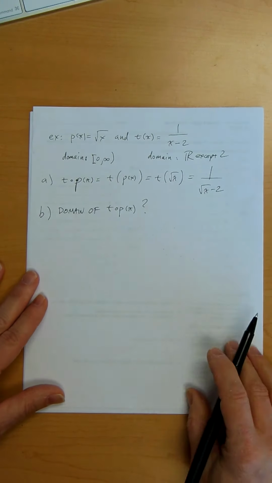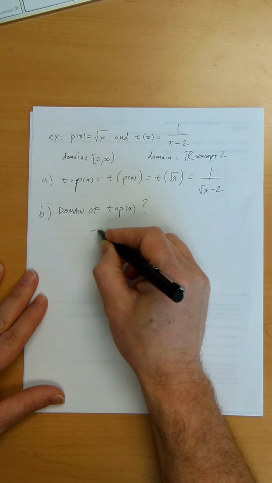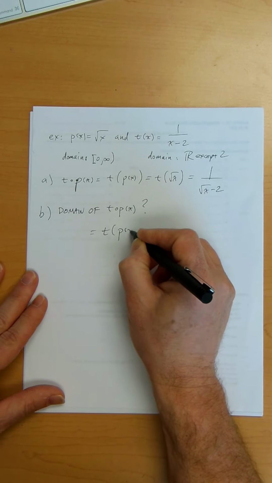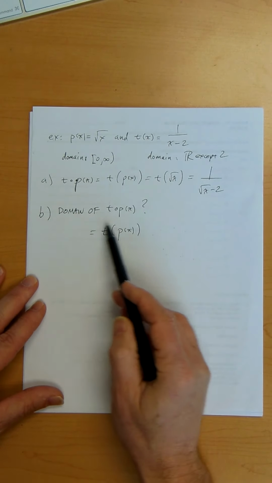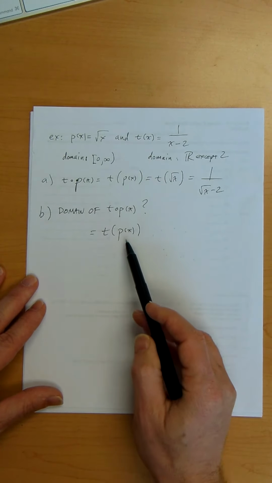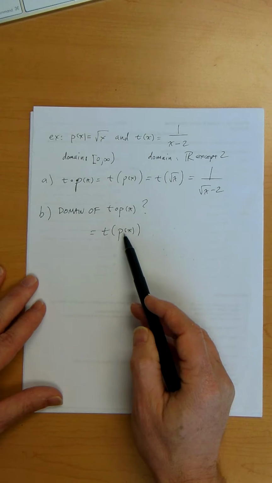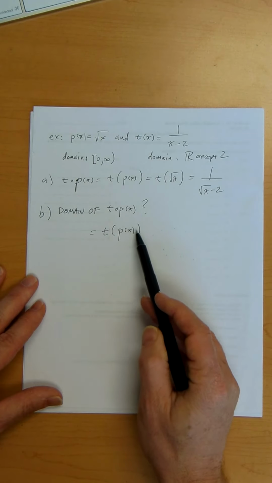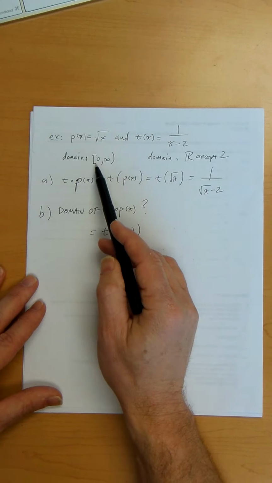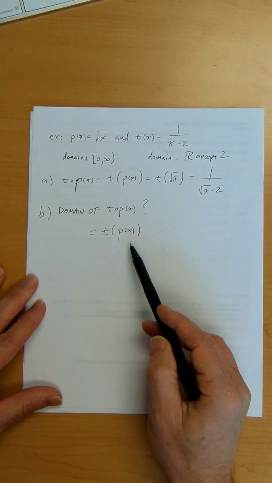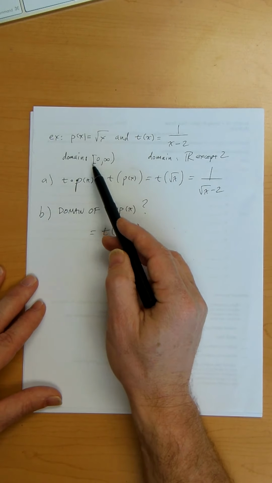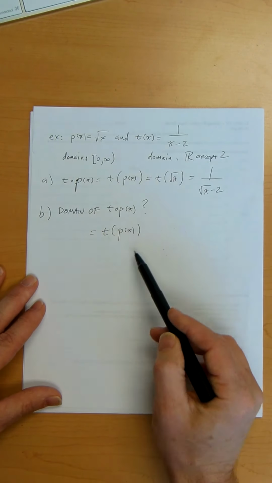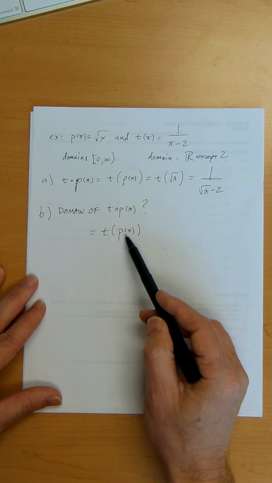Let me talk through this the way the book does. What they say is observe that since this is t of p of x, if you want to have something be in the domain of t composed with p of x, first of all you have to worry about p of x, because the first thing the input does is hits the p function, and p only has domain of 0 to infinity, so you got to be in there, right? If you put in some value that's excluded in the inside function in p of x, you're going to run into a problem right away.